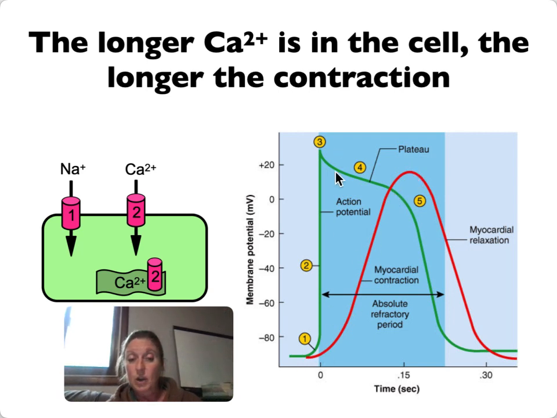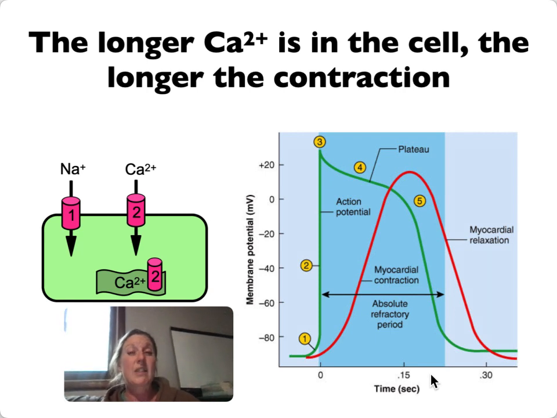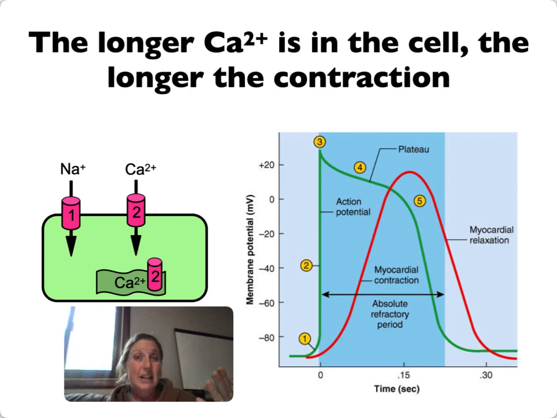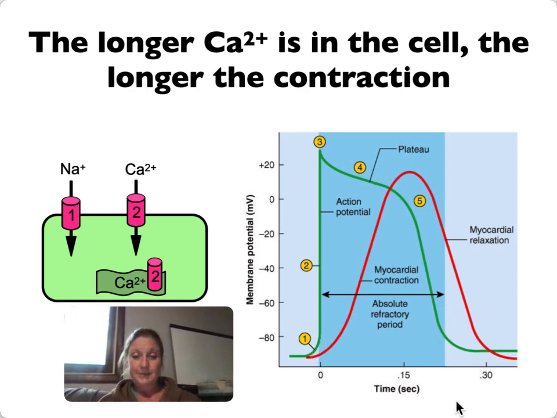It's not just having a quick twitch, if you remember what that looked like for our skeletal muscle fibers. So this is how they do it so that all of the cells together can hold that contraction for longer. The longer that we have calcium in the cytoplasm, the longer the contraction is going to last. So having these slow calcium channels is what gets us there.